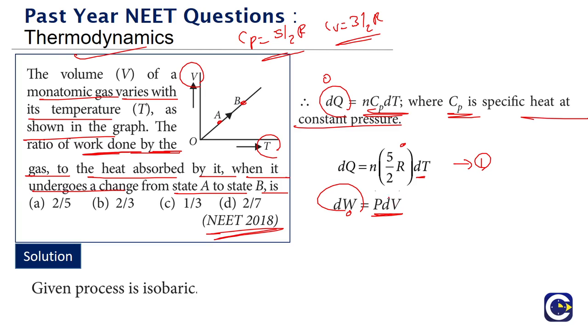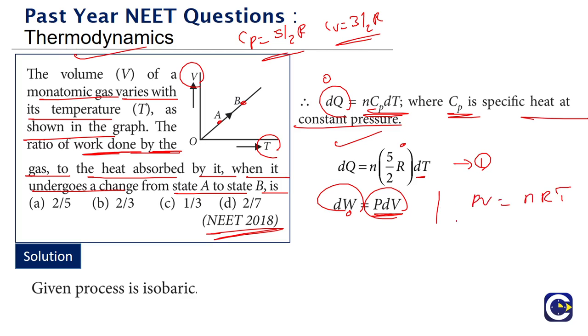Overall work means we have to integrate it, but small work done will be PdV. The dq term is expressed in terms of the temperature change, but dW is in terms of the pressure and volume change. So we must convert this into the temperature change. We go to the ideal gas equation, PV is equal to nRT. Pressure is a constant.